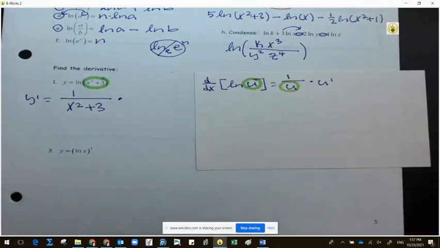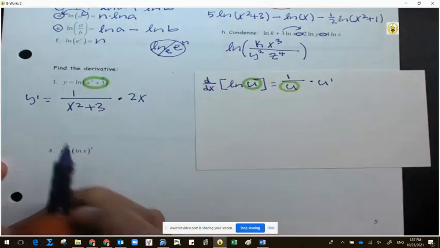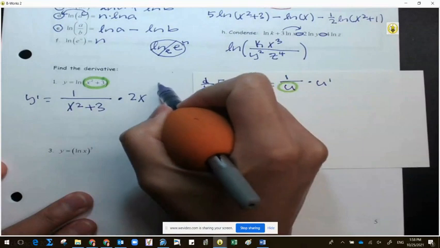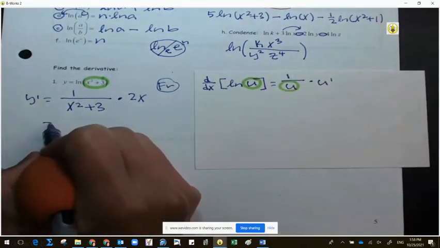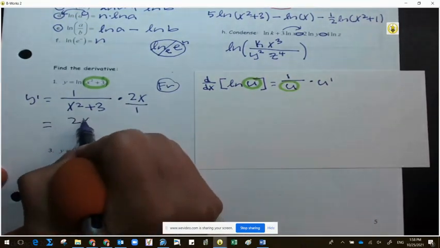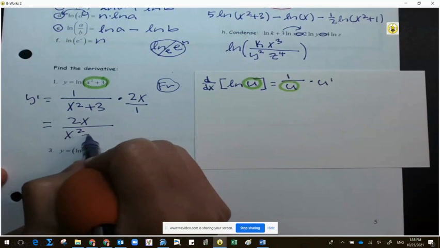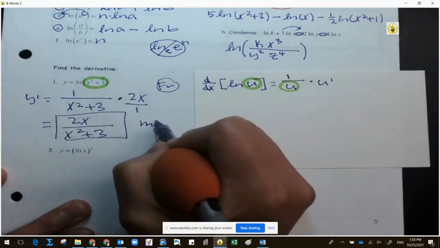What is the derivative of x squared plus 3? 2x. And this will be perfectly fine for a free response. But if I were to put this in a multiple choice, the better answer I want is, assume that is over 1. So put it side by side, because when you multiply by 1, it is itself. And that will be the best answer if it is multiple choice.